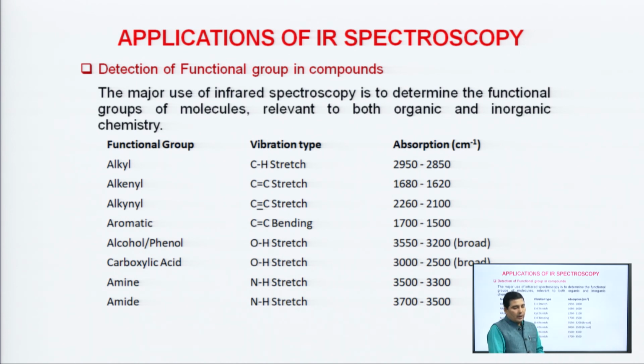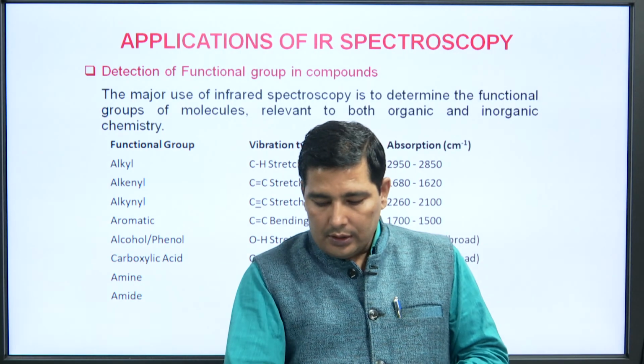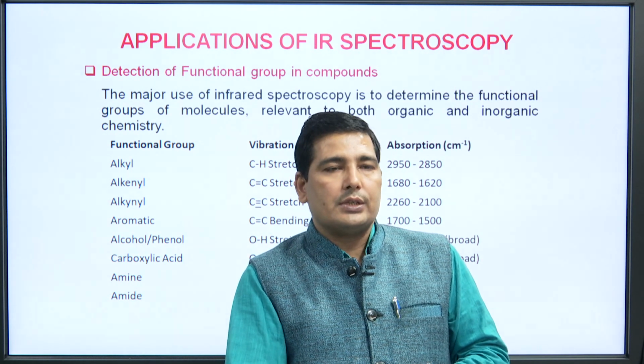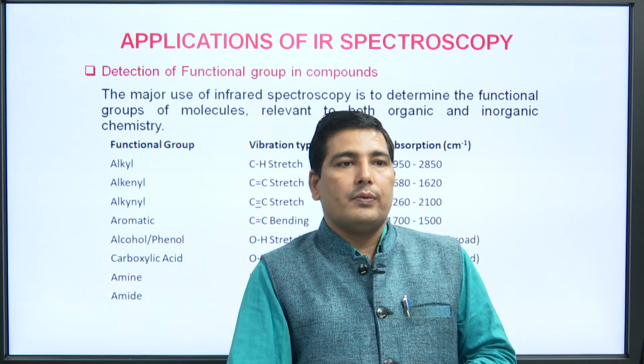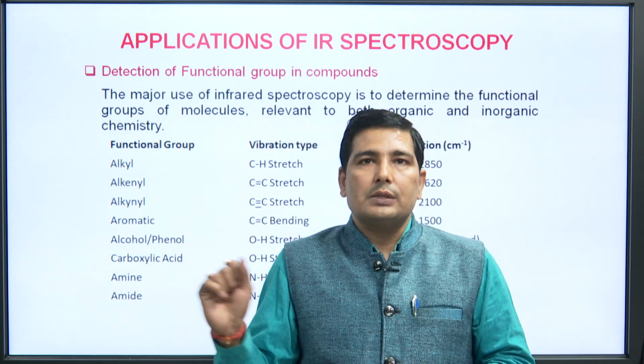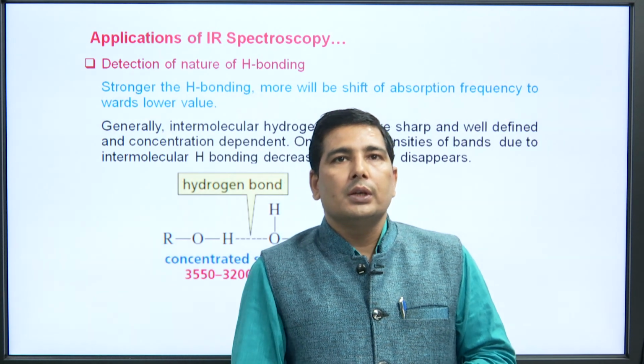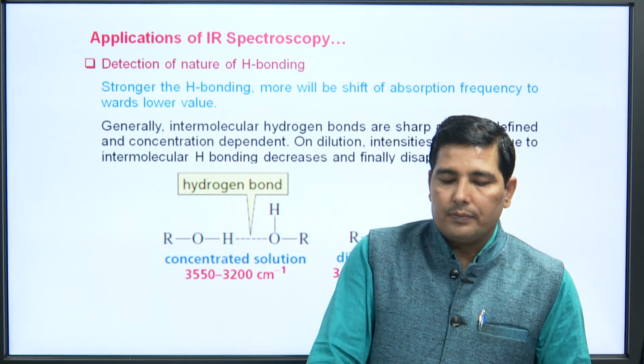Again alcohol or phenol, these will be having a heteroatom. So, OH stretching or NH stretching, the values you have to learn. You should have an idea that the stretching frequency and bending frequency for a particular functional group fall in this region. So, this IR spectroscopy will be useful in the identification of functional groups.